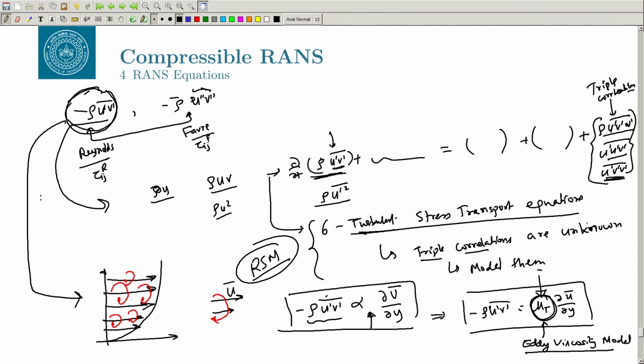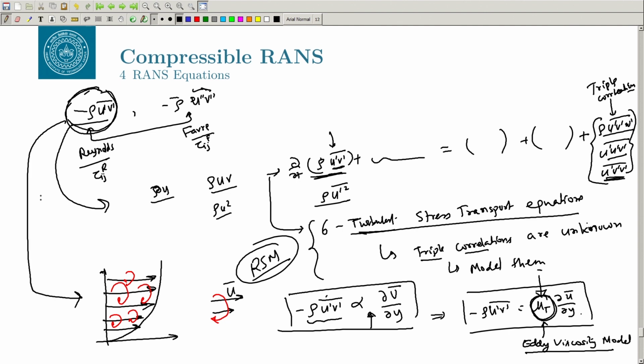So, all the models that you see, k epsilon, k omega, SST k omega, even cubic k epsilon, EARSM, all those kind of models are basically trying to find this eddy viscosity. In the cubic k epsilon and EARSM models, here I am saying that the proportionality constant is linearly related, but you can also say that it is related quadratically or cubically to the velocity gradient to make it more approximate.